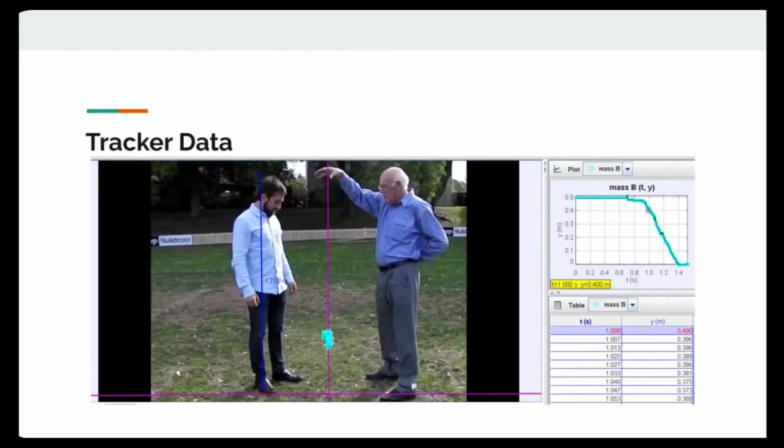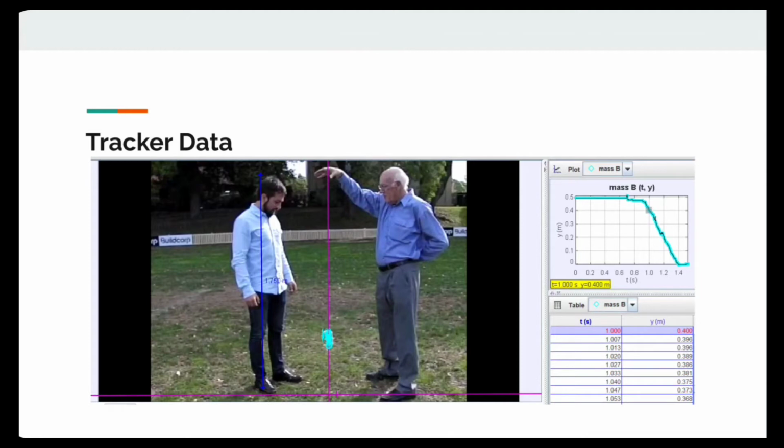If we take a look at the tracker data, we can see that I used the YouTuber from Veritasium as the scale. He said on Twitter that he's 1.75 meters tall, so I used that as a scale.